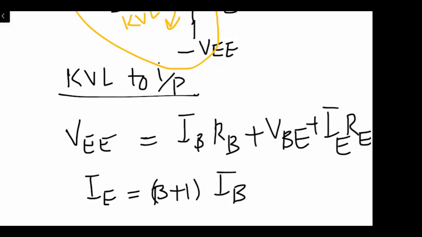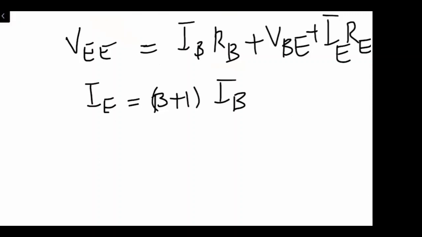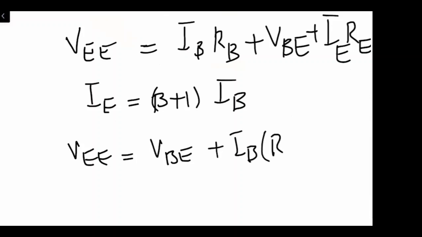So by inserting this value against IE in the equation above, we can write VEE is equal to VBE plus IB times RB plus beta plus 1 times RE.